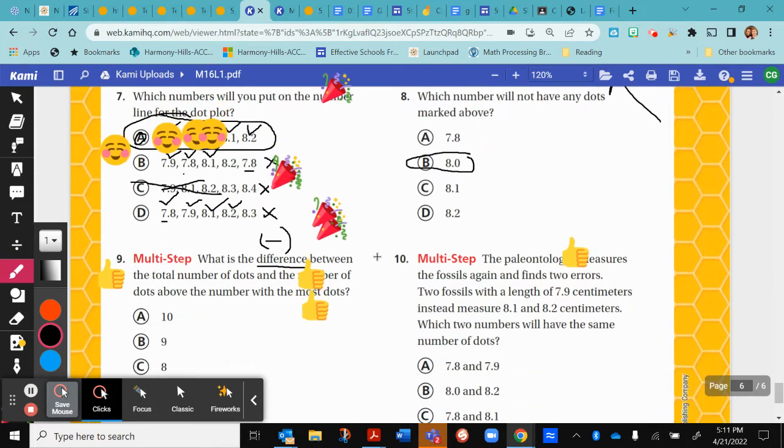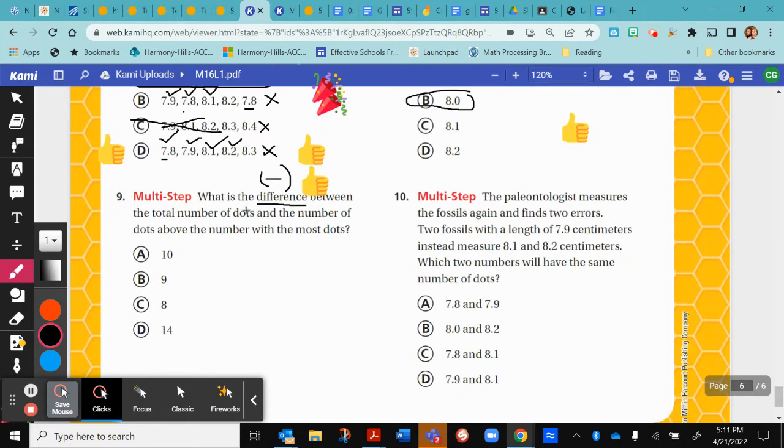So let me go ahead and plot this. I'm going to create a number line. And if I can draw a straight line, it would be much easier.